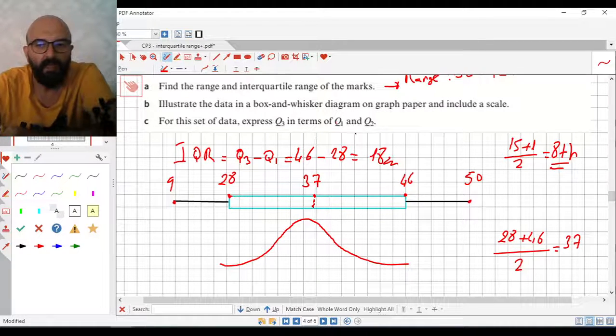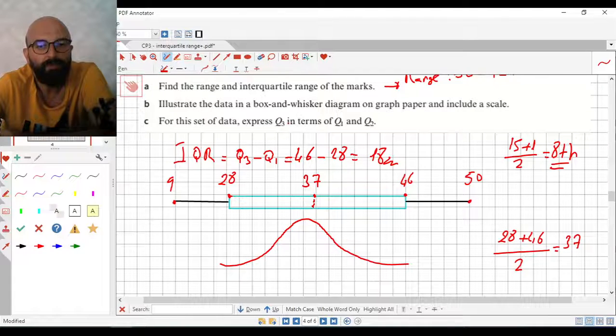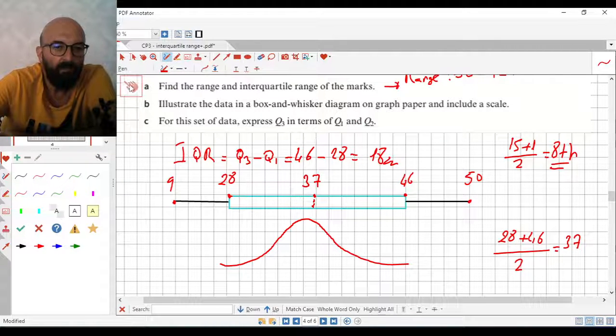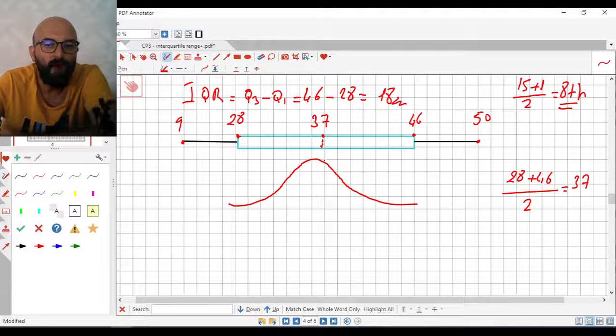Okay. And for this data, express Q3 in terms of Q1 and Q2. Now we could find Q2, the middle of Q1 and Q3.